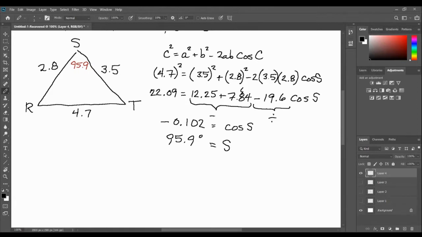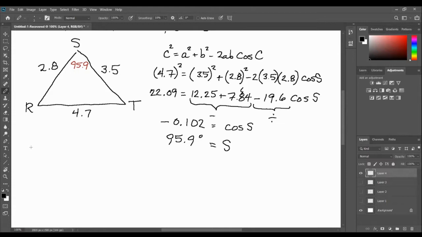Now, as I said, we could do law of cosines again here to solve for t, or we can go to law of sines. Either one will work for us. Once we've got the one angle and all these sides, law of sines will only give us the one option. But we could do law of cosines. Maybe we should, just to get some more practice.